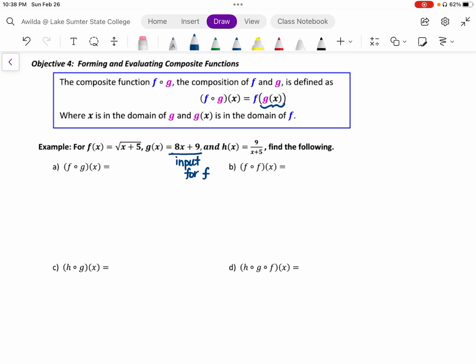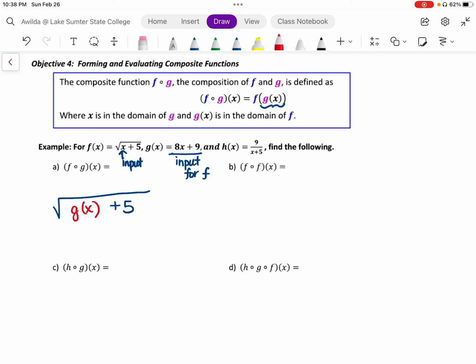So what is the rule for f? x is the input in its rule, but wherever we see x, we're going to substitute 8x plus 9. So f of g of x is going to become the square root of our new input plus 5, where the new input is g of x.